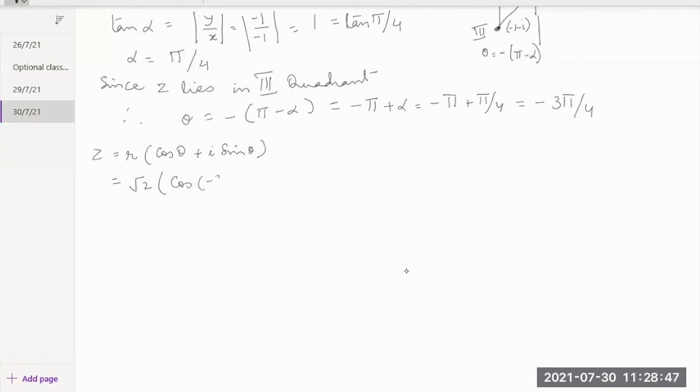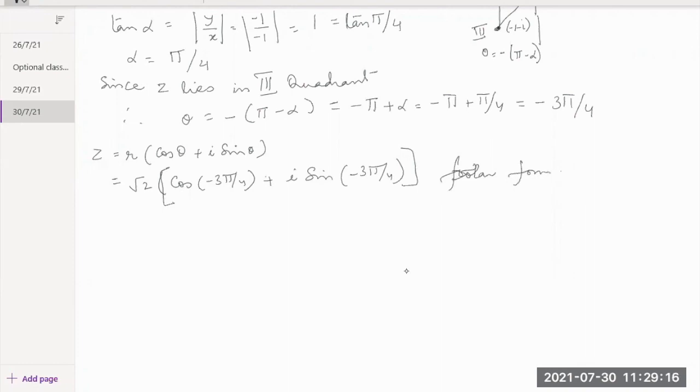Minus 3 pi by 4, plus i sin, this is minus 3 pi by 4. Close the bracket. This becomes now your Z in the polar form. Polar form over here now.